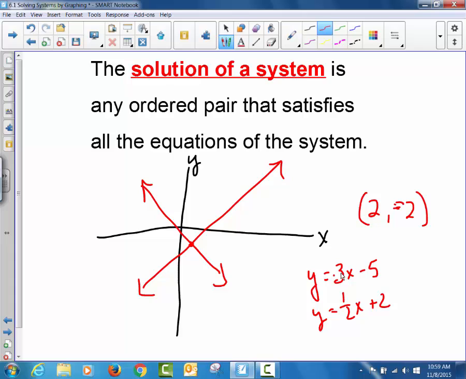And when I work it out, I would come up with a true statement, something like negative 2 equals negative 2. And then I could do the same thing with the other one down here. I could take the 2 and plug it in for the x, and the negative 2 and plug it in for the y, and I would come up with a true statement. And it would work for both of them. Okay? So that's what the solution of a system is: the ordered pair that satisfies both of the equations.